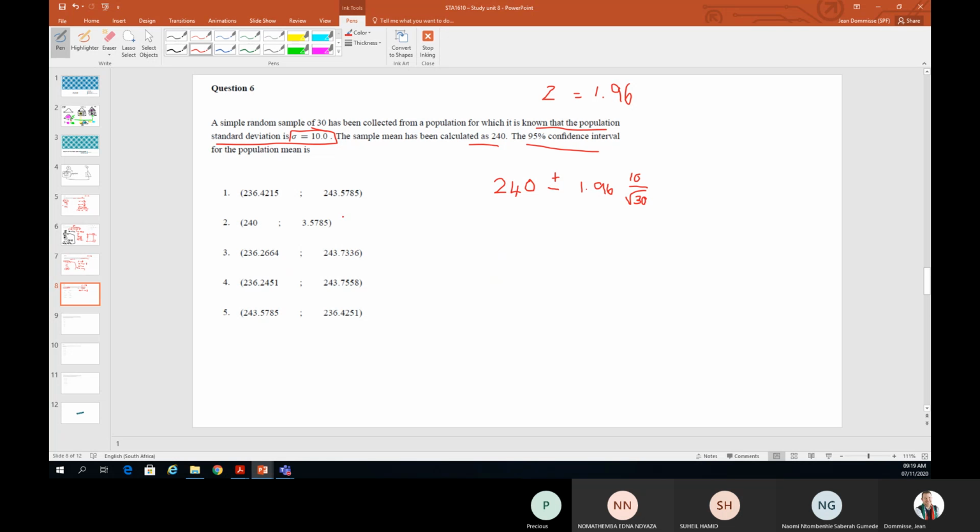Okay, so let's look at the options before we calculate. That one and that one are very close. If I just look at that, this feels like it was for 240, and that is nearly the part that we're going to work out, but this is wrong in any case.